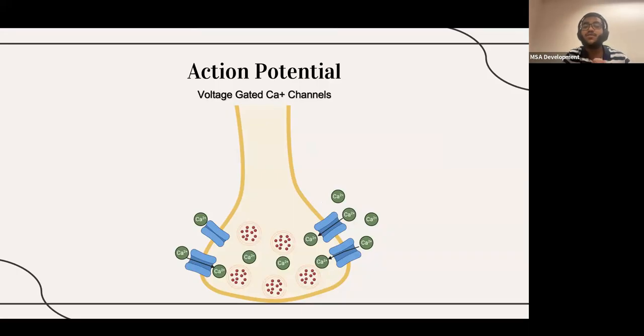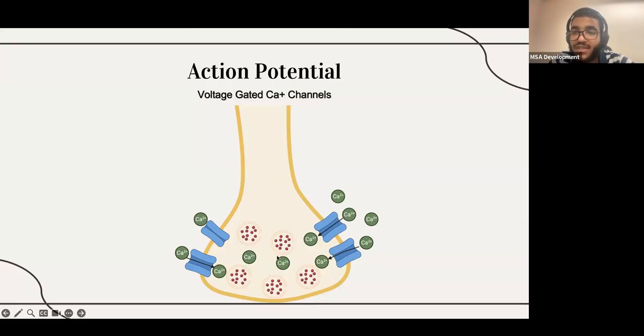And then we have voltage-gated calcium channels, which are responsible for releasing the vesicles from this presynaptic membrane to the postsynaptic membrane. So how this works is the action potential reaches over here, and it makes the membrane positive. This causes the voltage-gated calcium channels to open, and calcium goes from outside to inside.